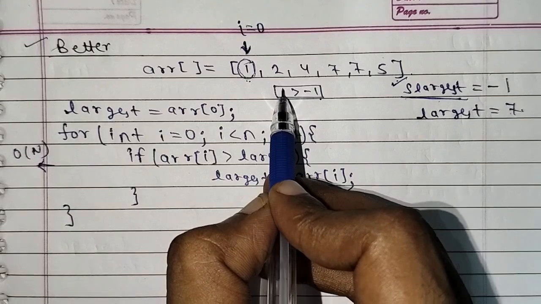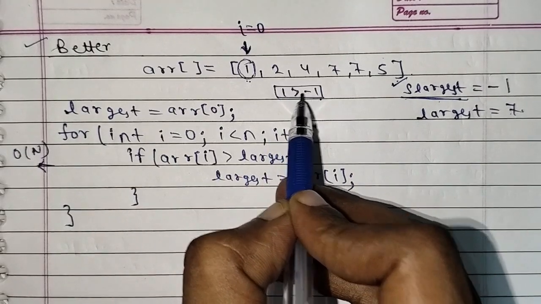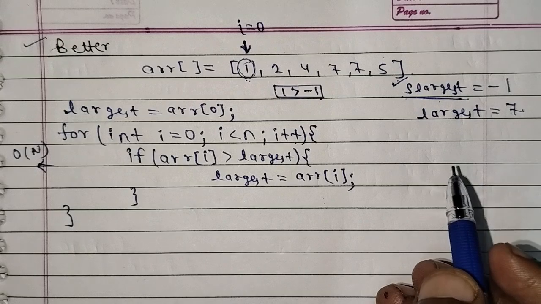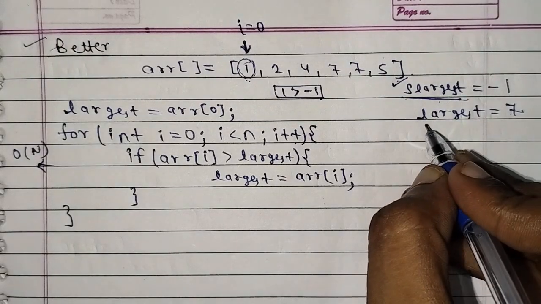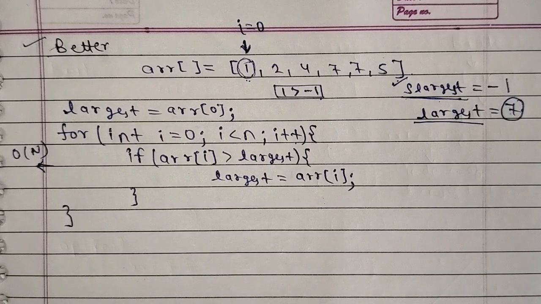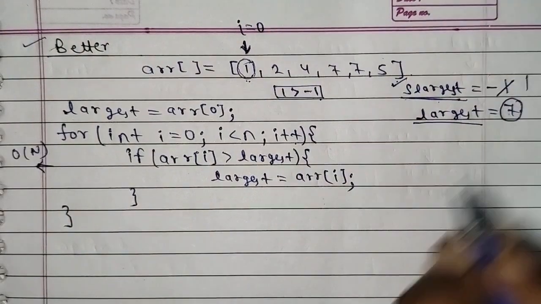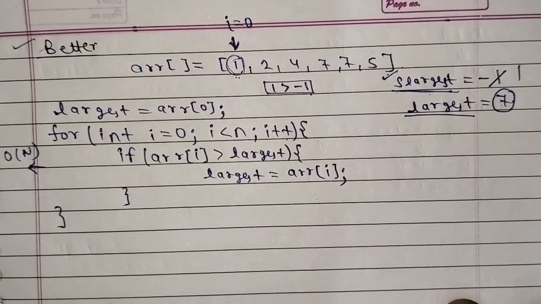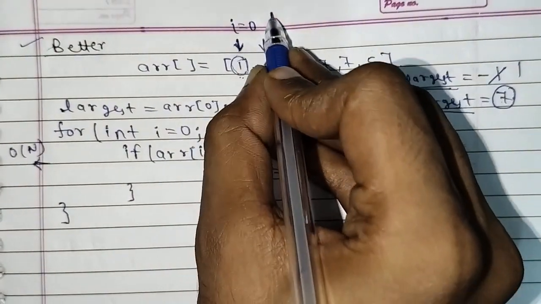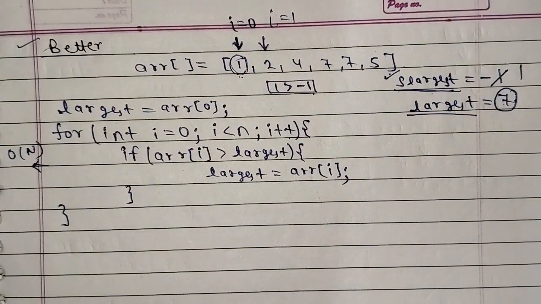Yes, I am greater than second largest, because 1 is always greater than -1. At the same time, are you not equal to largest? 7 is not equal to 1, so I am not equal to largest. So store 1, and traverse the next element, I is equal to 1.